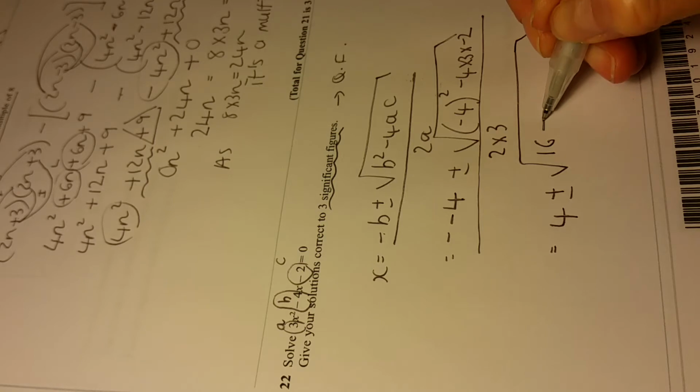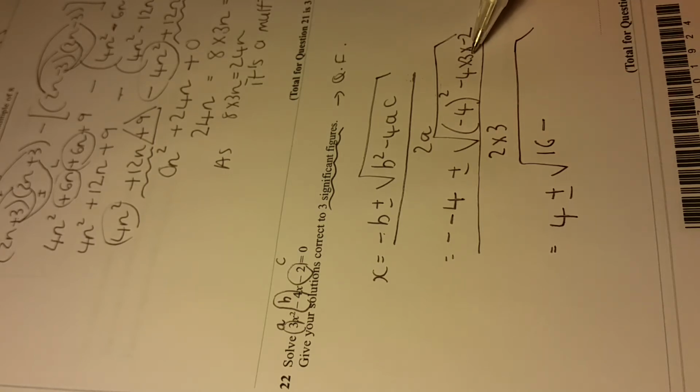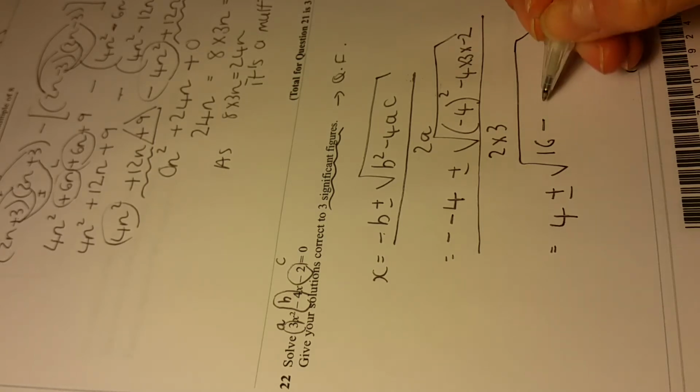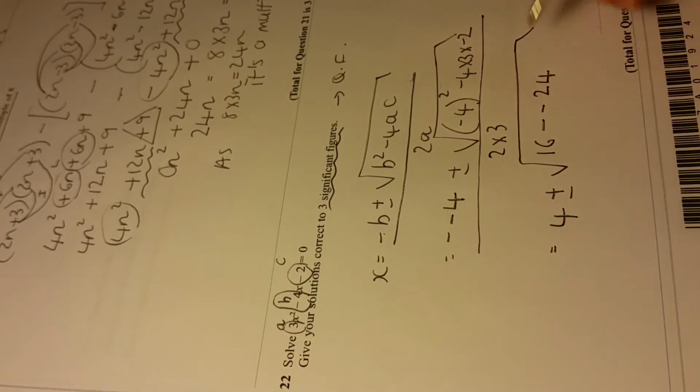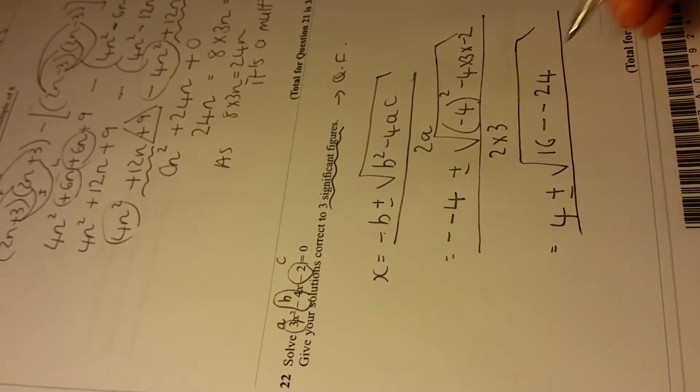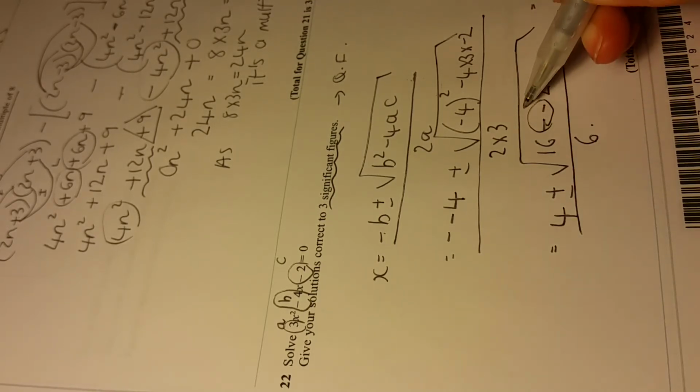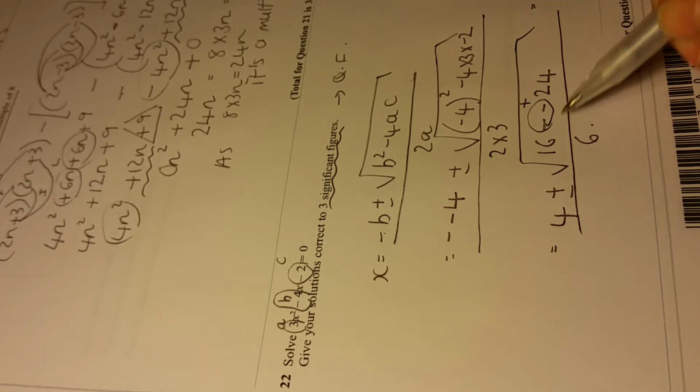I always copy that. 4 times 3 is 12. 12 lots of minus 2 is minus 24, over 6. So we've got 4 plus or minus the square root of, minus becomes a plus, so 20, 30, 40, root 40 over 6.